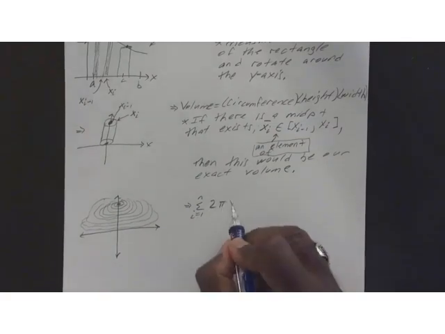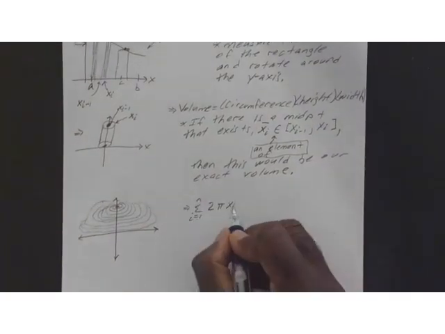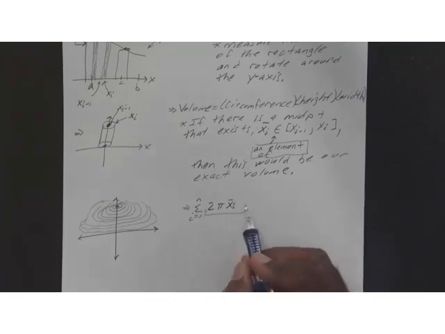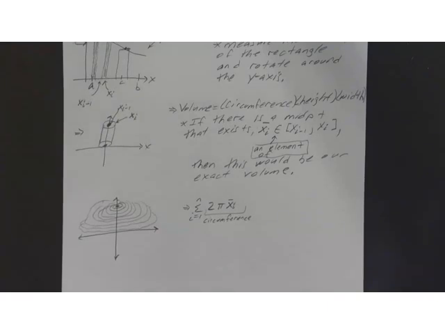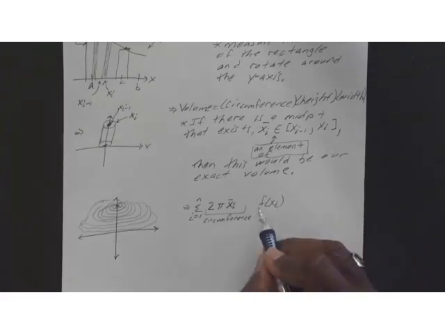of 2 pi times x sub i, our midpoint. Okay, so that actually gives us our circumference, times f of x sub i, which gives us the height.